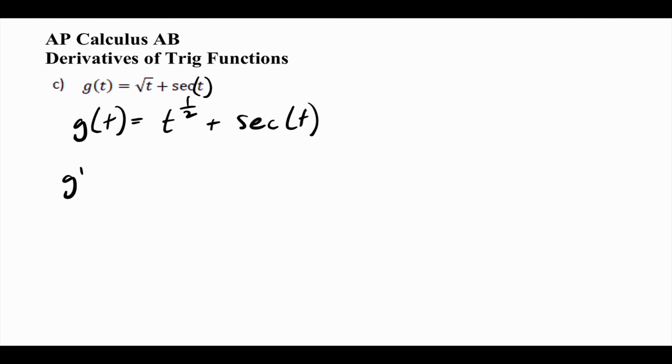Find the derivative. One half t to the negative 1/2 plus, I use power rule here, move the 1/2 over here, subtract 1 from the power. That's how I got that. Go to your list. What's the derivative of secant?